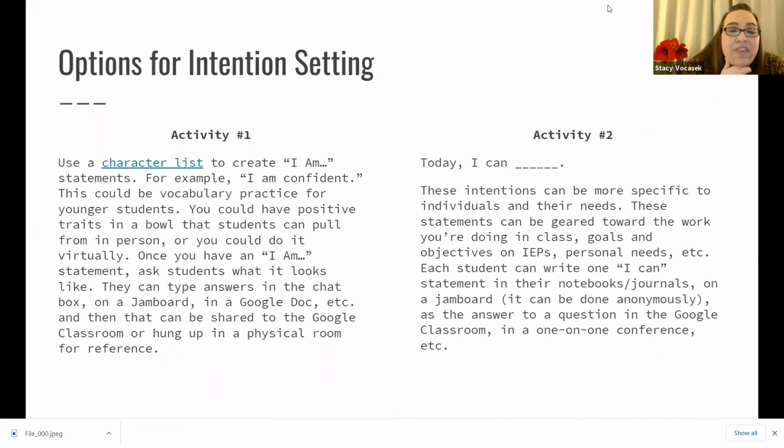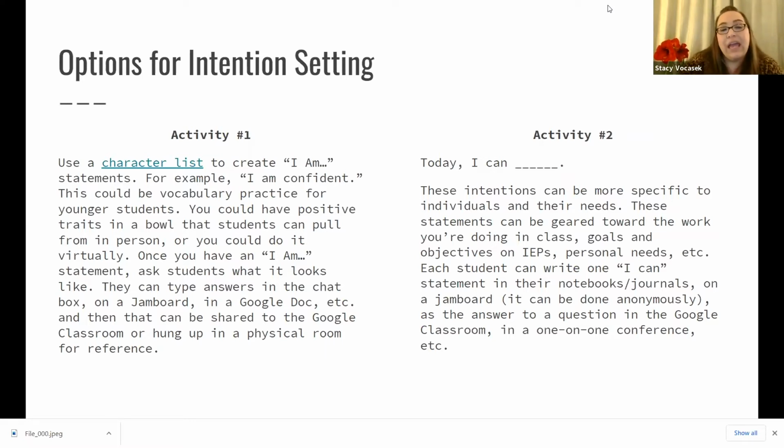So one of the things that you can try, and I think this will work really well with younger kids too, is using a character trait list to create the I am statement. So if we're talking about character traits, like I am confident, then this turns into a vocabulary practice. What does confident mean?